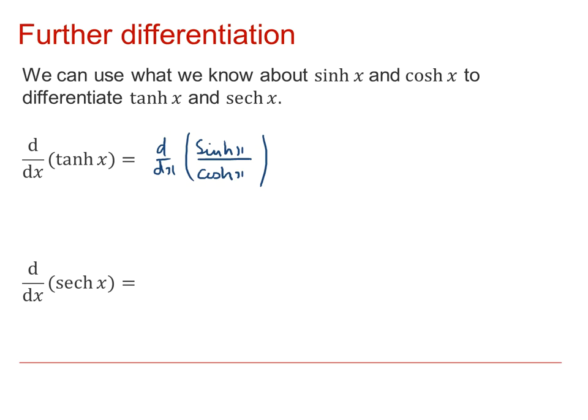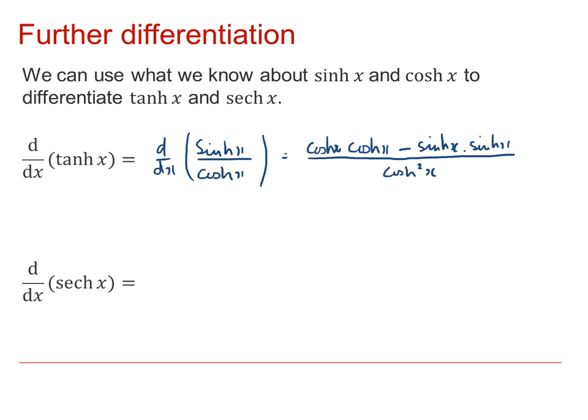So the quotient rule says that we take the bottom line cosh x and multiply by the derivative of the top. Derivative of sinh is cosh, so we get cosh x, and then subtract the top line sinh x multiplied by the derivative of the bottom line cosh x, and the derivative of cosh is sinh, and then divide that by the bottom line squared, so cosh squared x on the bottom.